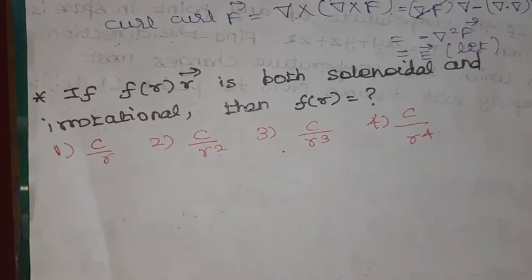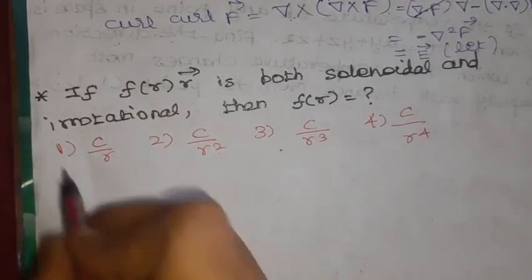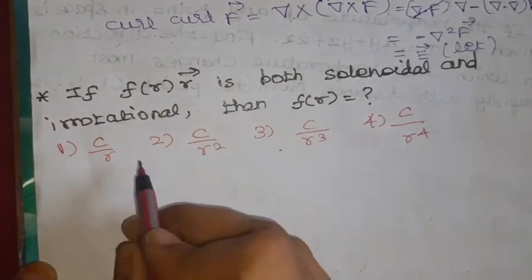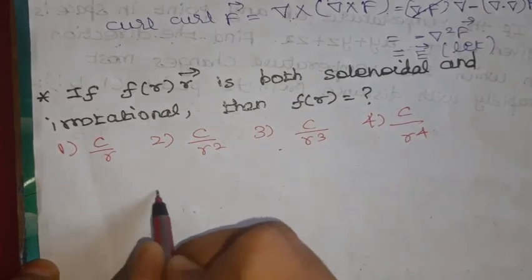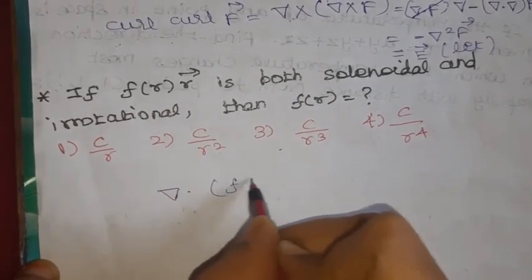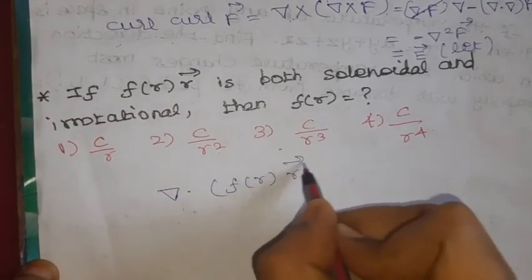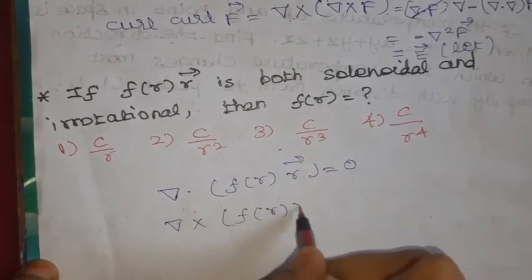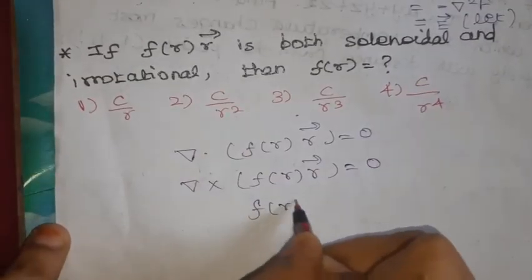So this is the final problem. I will give this problem to you; you are going to check and solve. If f of r into r vector is both solenoidal and irrotational, which means del dot f of r into r vector equal to 0 and del cross f of r into r vector equal to 0, then what is f of r?